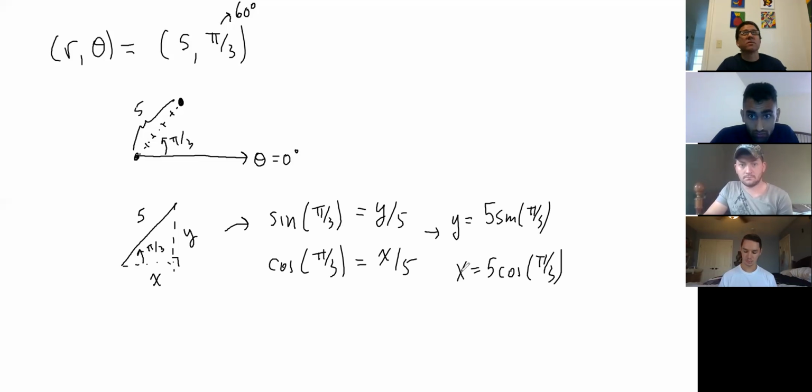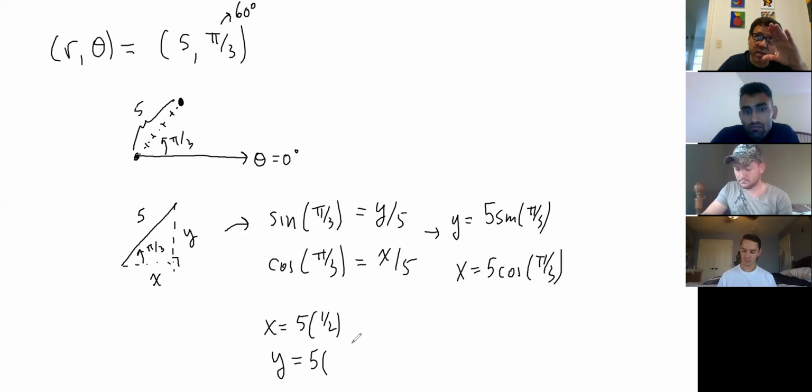And now you got to go back and say, okay, what were those again? Let's see, 60 degrees, the cosine is a half. So that tells me that x is 5 times a half. And y is 5 times the sine of 60 degrees. You go back and try to remember in your brain, that's the square root of 3 over 2.